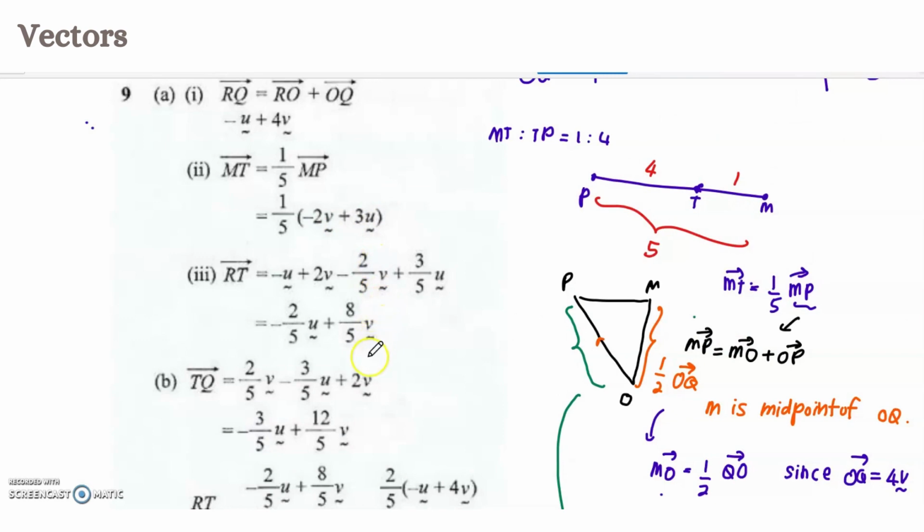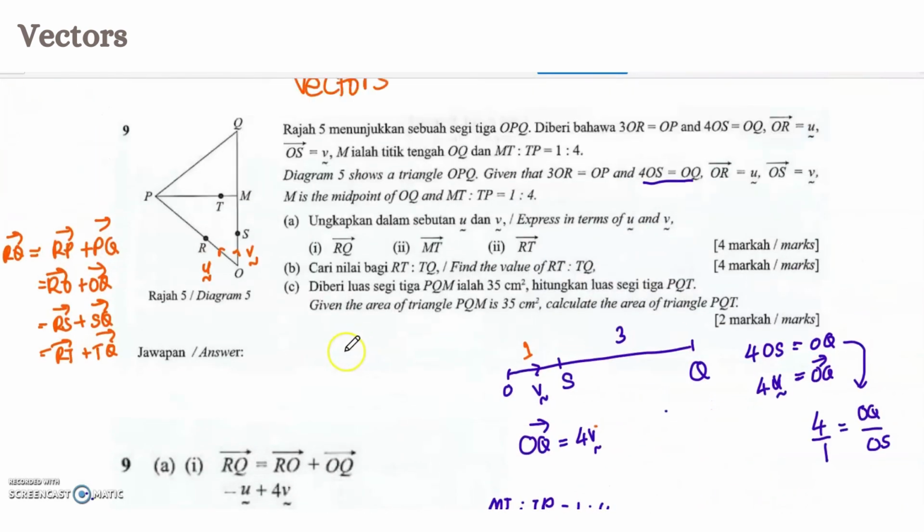Okay, so next we proceed with RT. As we can see, for RT you can choose the route either RP plus PT, or you can choose RO plus OM plus MT. Now we use the route of RO plus OM plus MT because we already have the vector of RO, which is negative U, and we also have the vector of OM, which is half of OQ, which is equal to 2V.